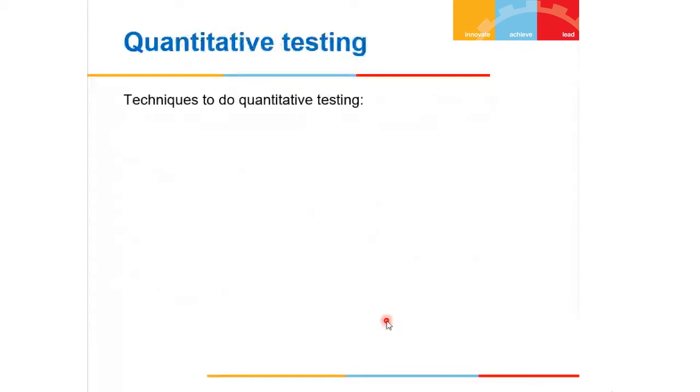So what are the techniques to do quantitative testing? One is the landing page technique, or what is called the fake door technique. If it is an internet-based product, you create the main page of the product with no functionality behind it. It just talks about the product, what benefits it has, what users can do with it, and so on.